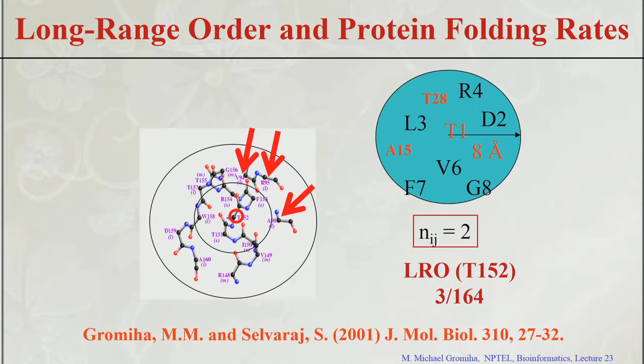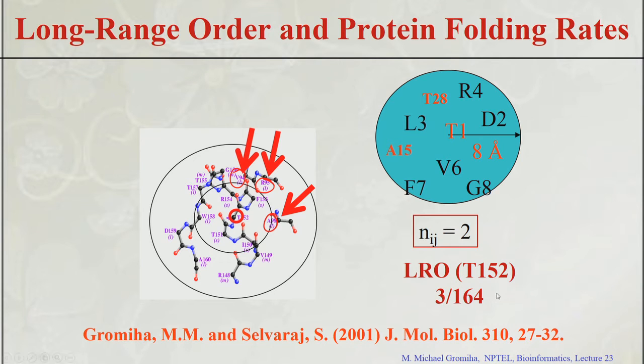How do we calculate the long range order? We take a sphere of 8 angstrom, look at the residues occurring within the limit, and see which residues are at a separation of at least 12 residues. If you take the 352 I discussed last class, how many long range contacts can it make? 1, 2, 3, so in this case 3 by 164.